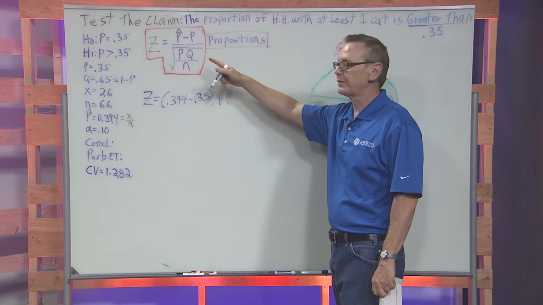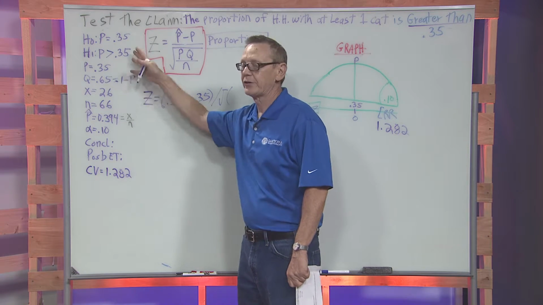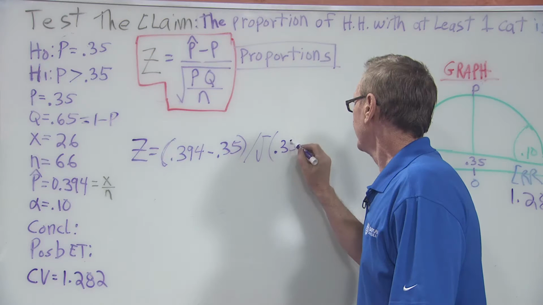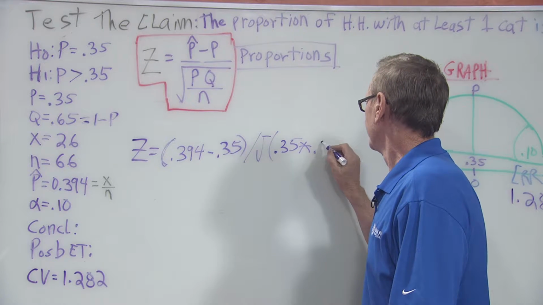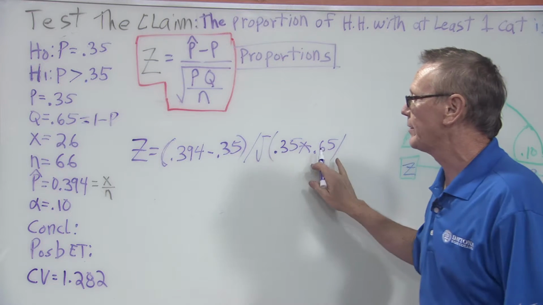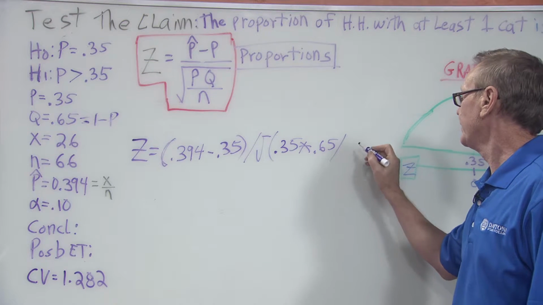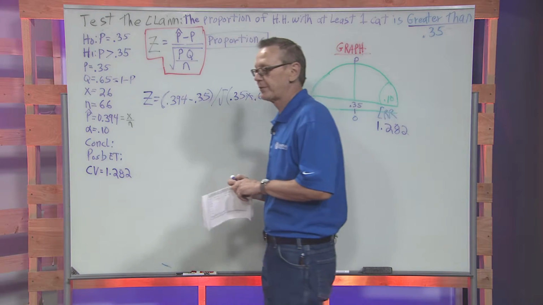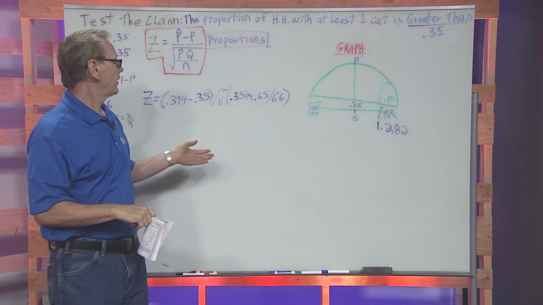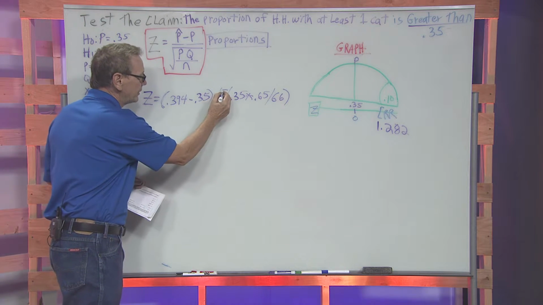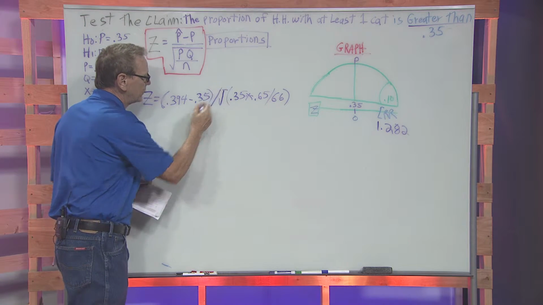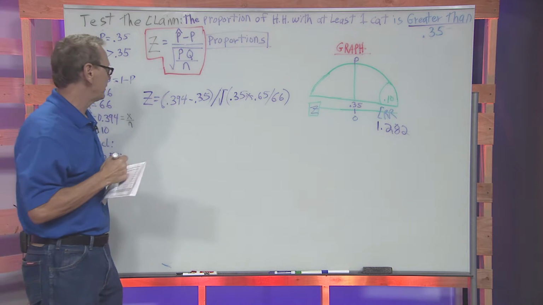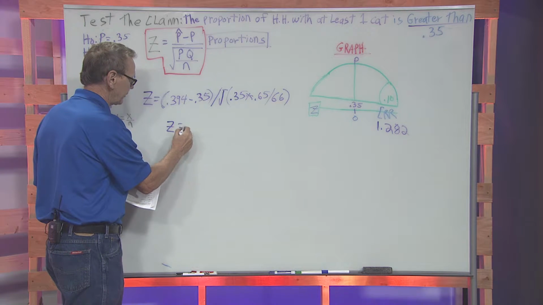Now, under the radical, I need P and Q. Make yourself a nice little list. Don't mix up your P's and Q's. You'll have an error if you do. So I'm multiplying P times Q and then dividing by the number of samples, 66. Now put that in your calculator. Again, pay close attention to the syntax here. You've got to get your parentheses and your division symbols all in the right positions when you input into your calculator.